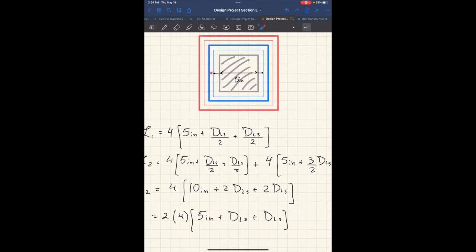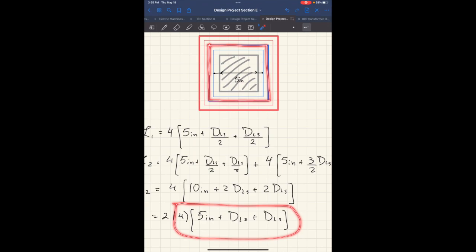Okay? And you're multiplying by 4. So basically this part over here that I'm circling in red is going to be this distance in the thick blue line. The thick blue line is the midpoint between the both layers. It's the midpoint of both layers.